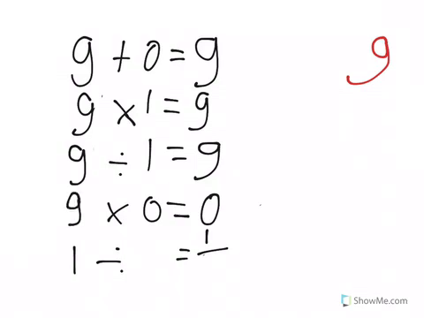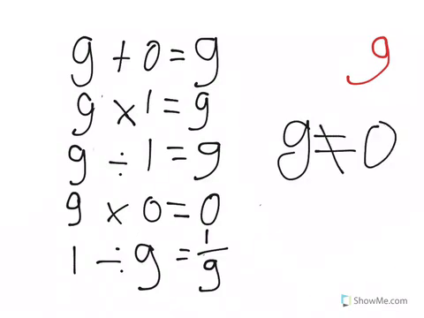G times 0 is 0, because anything times 0 is 0. And 1 divided by G would be 1 over G. So in this case, all of these statements are still true as long as G does not equal 0. And this is the symbol for does not equal.